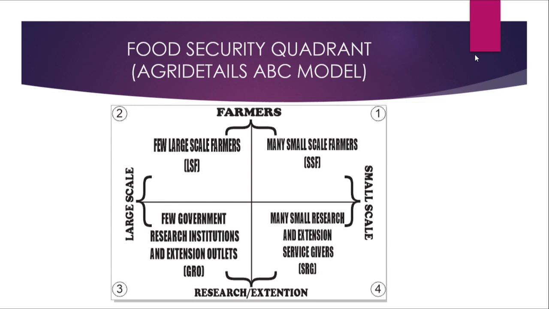You see that we have many small scale farmers, or large scale farmers that are few. So we have small scale farmers like farmers working on one plot of land, 1 hectare of land and below. There are many, like 60% of the population. Definitely they will feed the country.